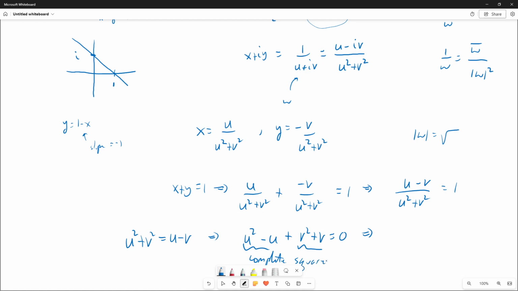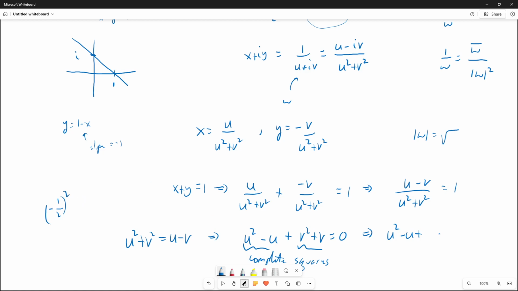To complete the square, you take half of the coefficient of the linear term and then square it and add it on. So u squared minus u plus half of 1 is a half, and then square that. So we would have minus a half technically because that's minus 1. So half of that is minus a half.